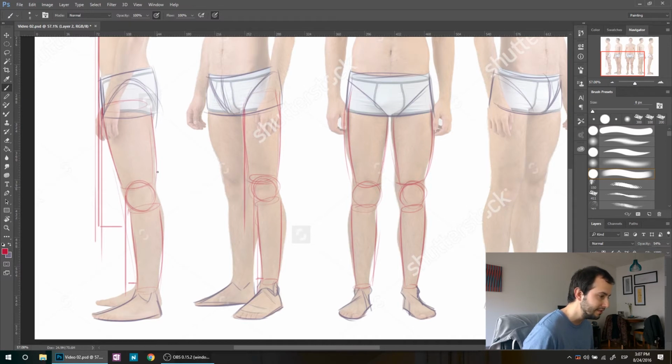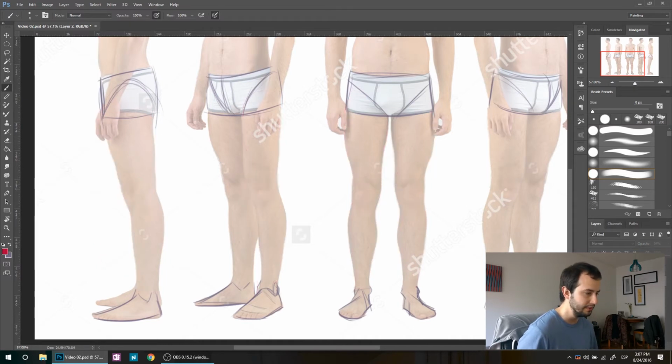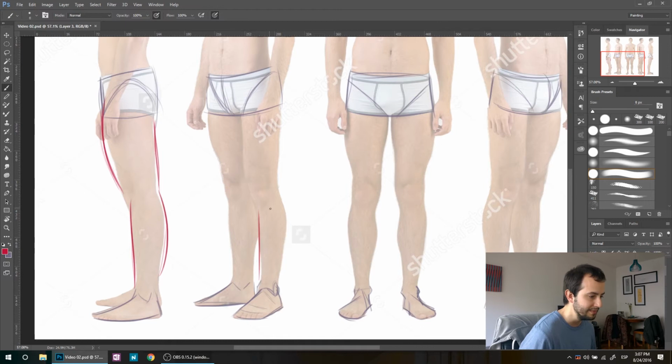What it means is that, for example, look at the legs. I'm going to get rid of this. Look at the legs. You can see that this is straight and this is curved. And this is straight and this is curved. And the same thing here, straight, curve, and the same thing here.